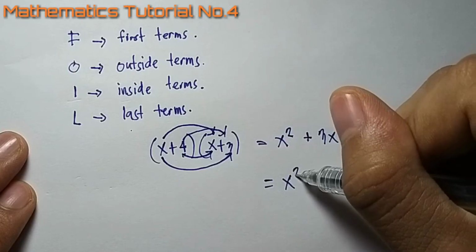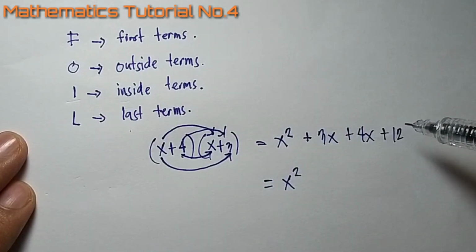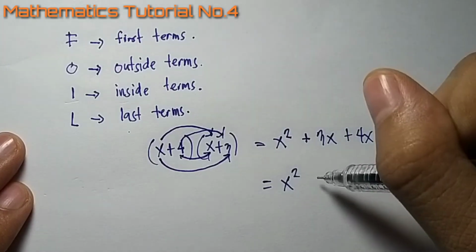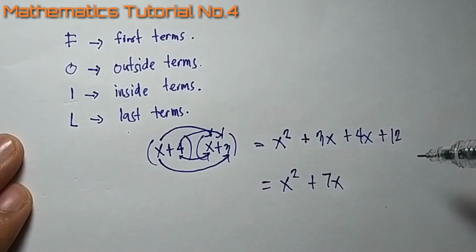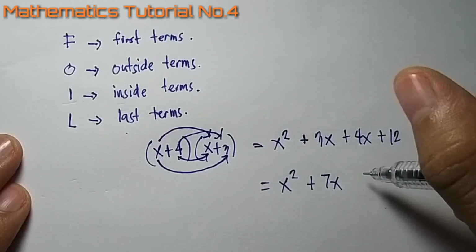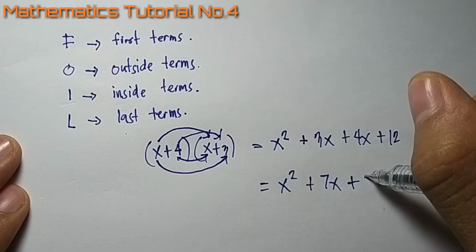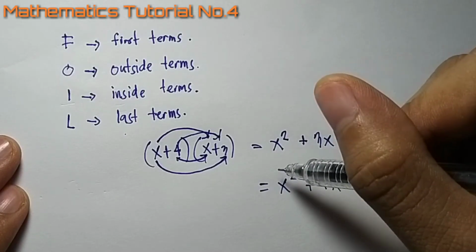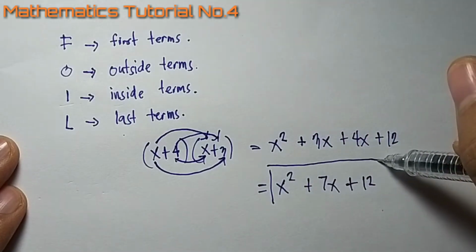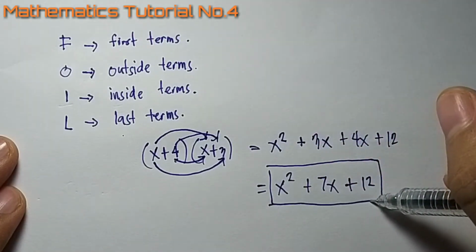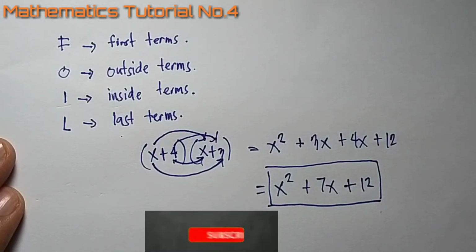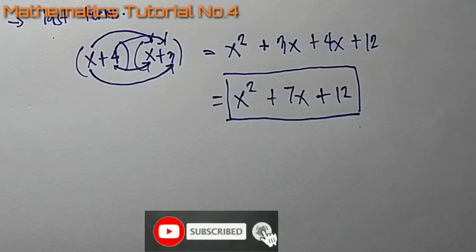So, atong lang kopyahon. So, 3x plus 4x. So, pasabot ang tulo ka x plus ang upat ka x pila tanan. So, that is 7x. Kini si 12, walay kapareho niyang term. So, kopyahon na lang nato si 12. Positive 12. So, mao ni atong product karon. x squared plus 7x plus 12.